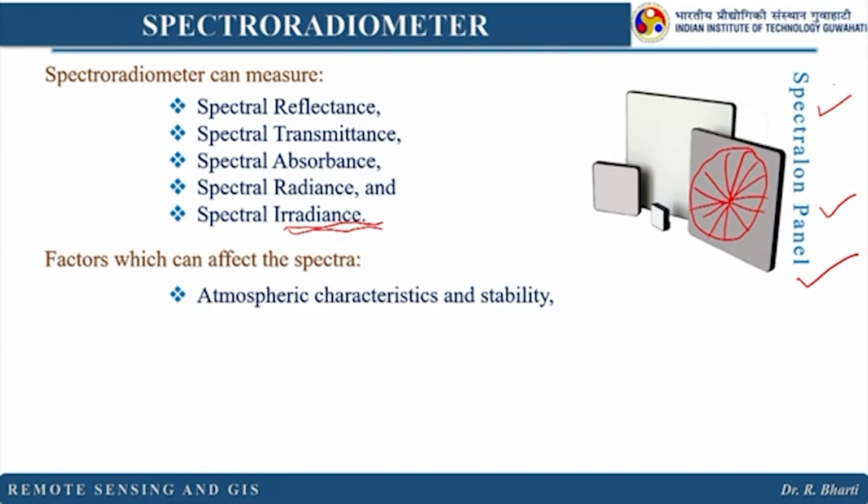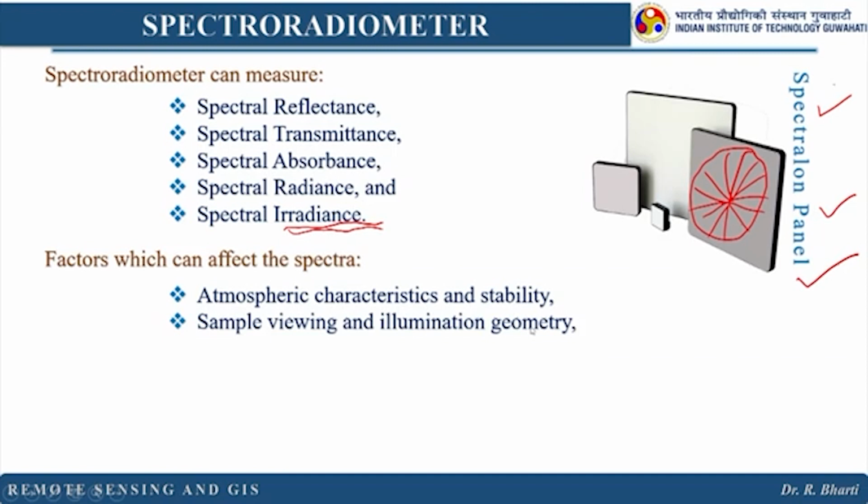Atmospheric characteristics means you need to know what kind of atmospheric constituents are present, right. And stability means there should not be very strong wind or drastic changes in the atmosphere during your measurement, right. Next is sample viewing and illumination geometry.